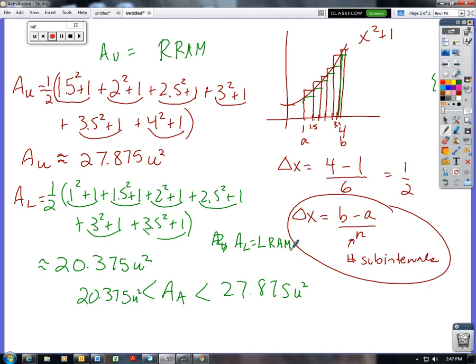Is that always going to be the case? The answer is no. It depends on a certain attribute of the function. Maybe you can think about which type of functions, as long as they're increasing. They can be increasing, but for some increasing functions the upper rectangles will actually be LRAM, and for some RRAM. If you can think about that and tell me what you think, let me know.